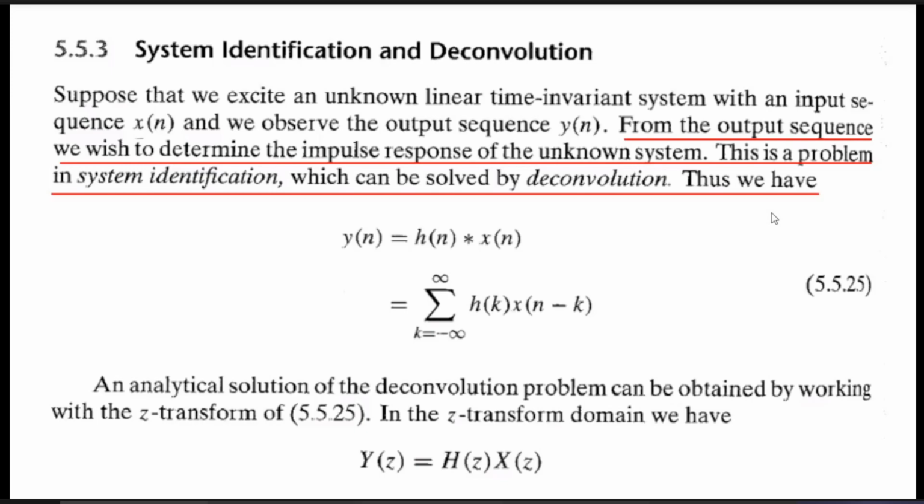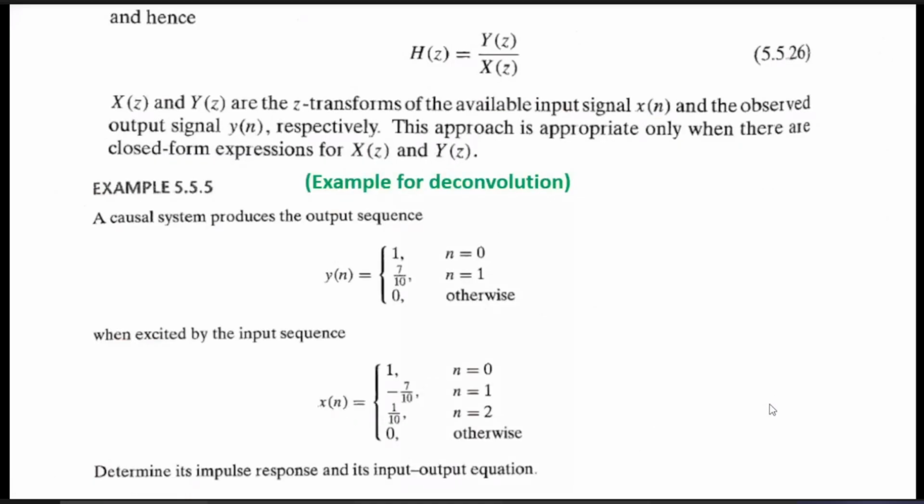We start with the relation y(n) equal to h(n) convolution x(n), which is summation k from minus infinity to infinity h(k) x(n minus k). In the z domain it is the product, Y(z) equal to H(z) X(z), so H(z) is equal to Y(z) by X(z).